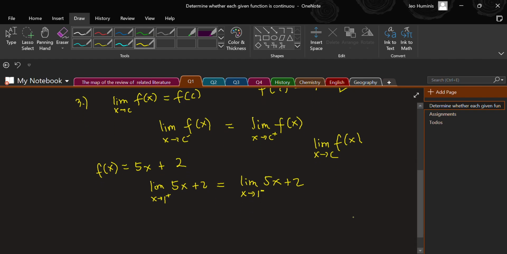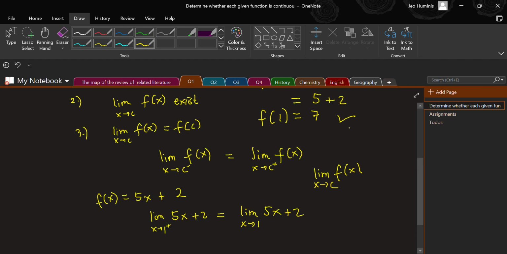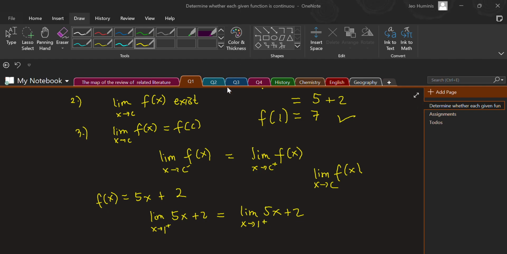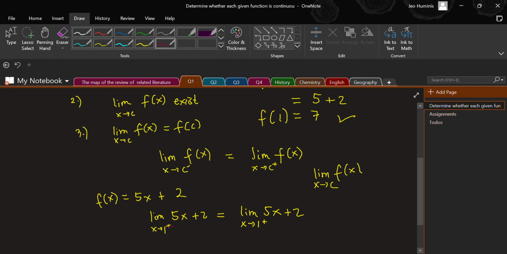Actually, the first one is from the right, and this one is from the left.